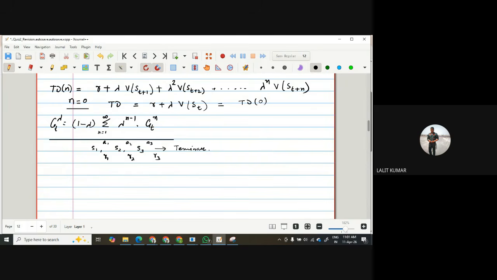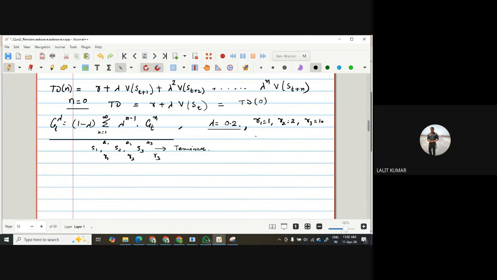Ravina, can you answer this? So there are three states. For example, you take lambda equal to 0.2, and R1 equal to 1, R2 equal to 2, R3 equal to 10.